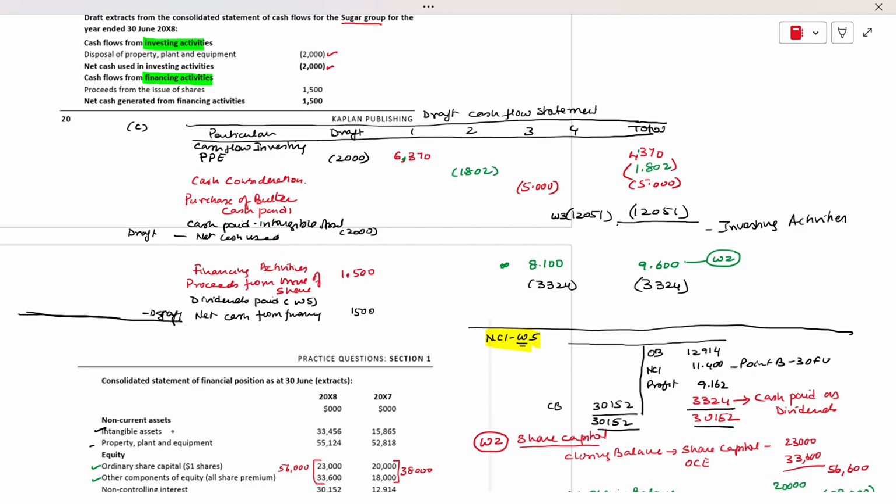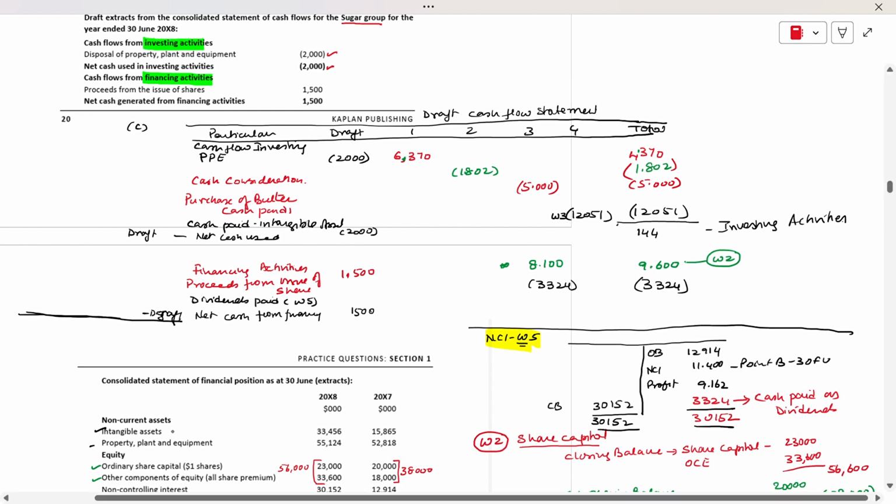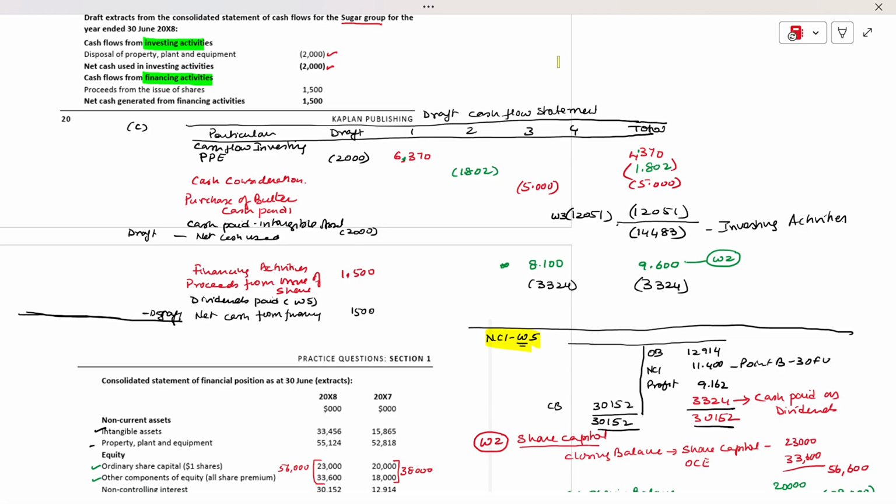Minus 5. Purchase of butter, 5 million we have paid now. Yes. 12051. How much is there? 14,483. This is minus. Okay, this is minus.